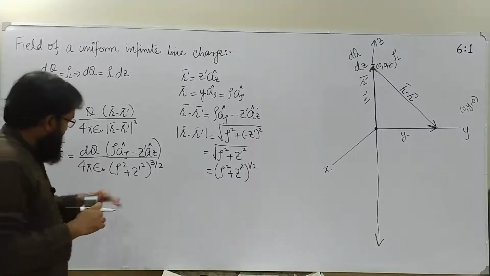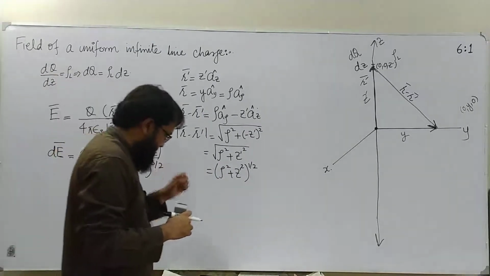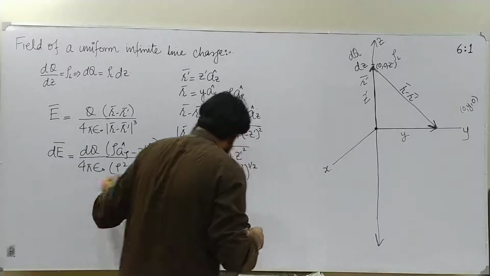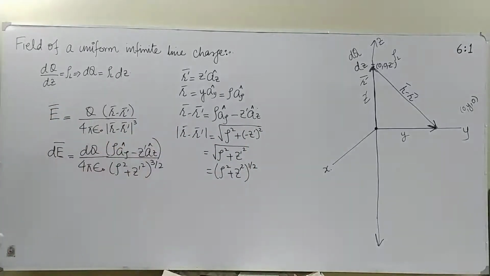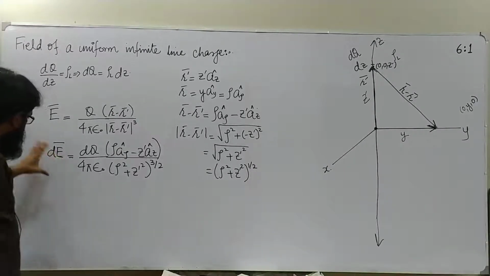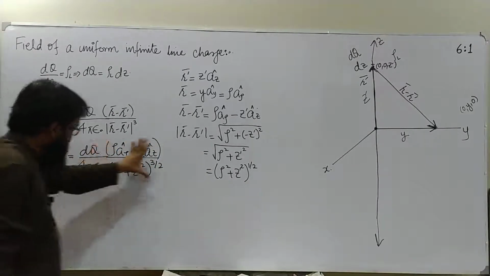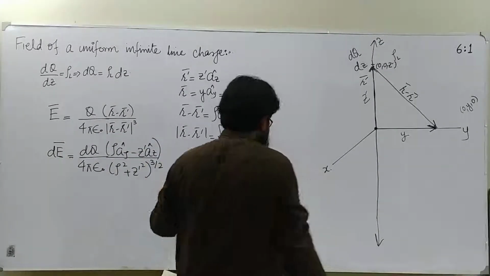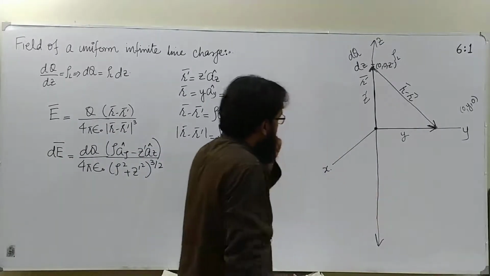But before mindlessly proceeding and integrating this, how about we give a thought to this final expression which we have written on the left hand side of the board. Let's give it a thought, and then we'll proceed with the integration. So the thought we should give this expression is the symmetry check, point number 2.